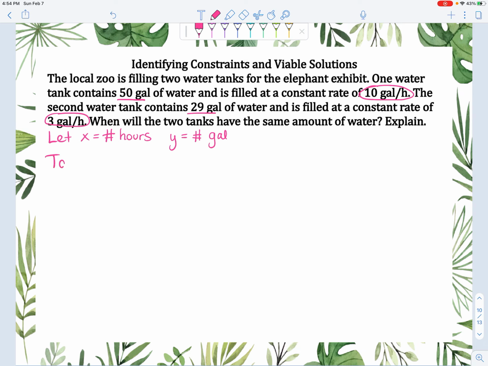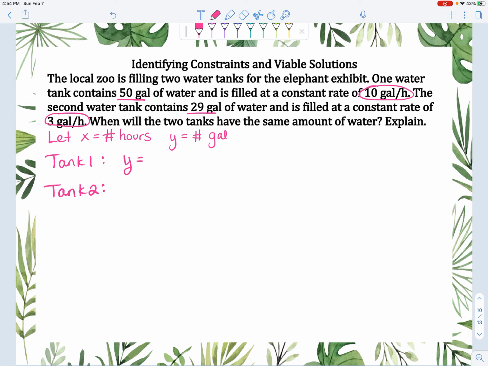So we've got 2 tanks. Tank 1 and tank 2. Tank 1 already contains 50 gallons of water. That's my b value. And then the rate is my slope. And it's being filled at a rate of 10 gallons per hour.